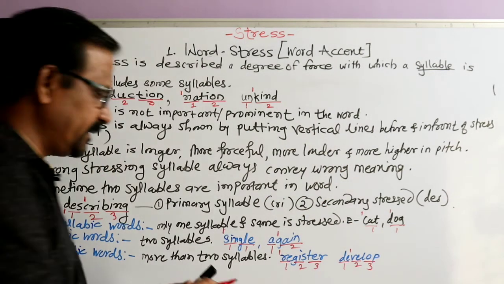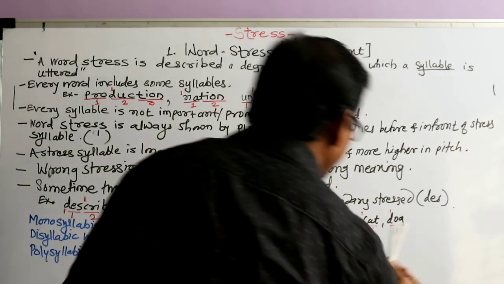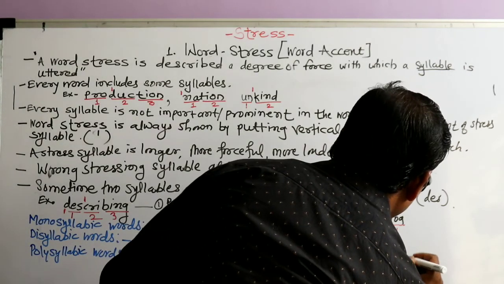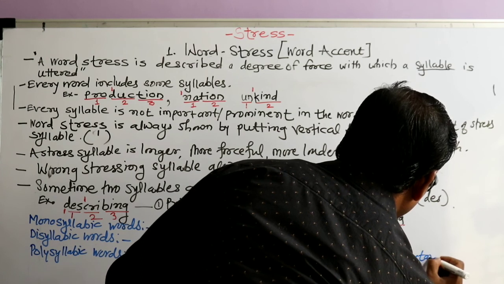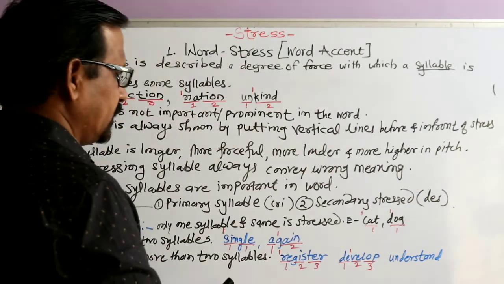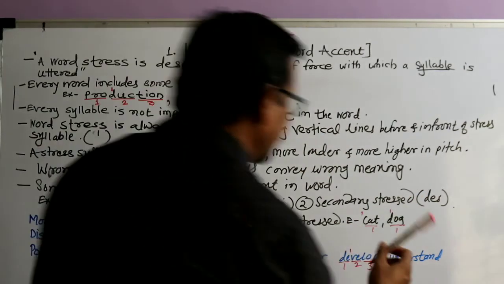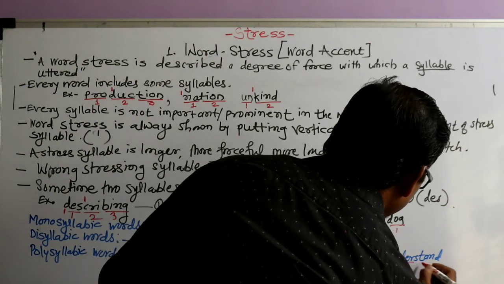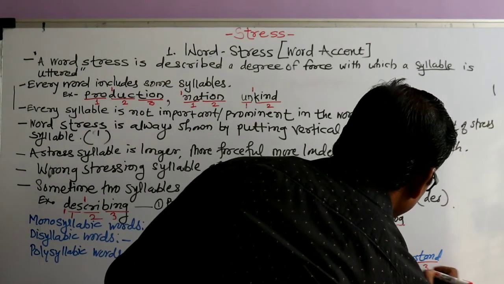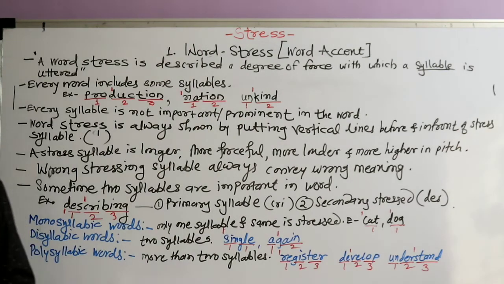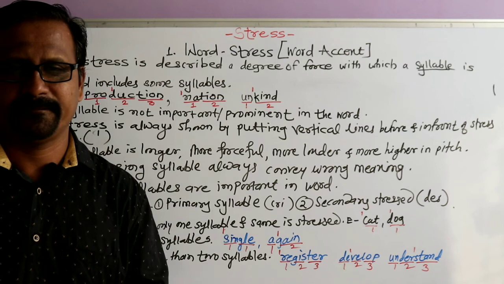The word understand also has 3 syllables: understand, 1, 2, 3, and the last syllable is stressed. So these are called polysyllabic words.